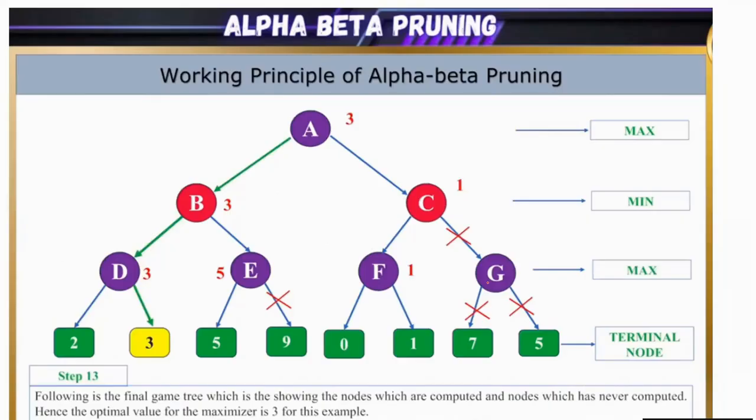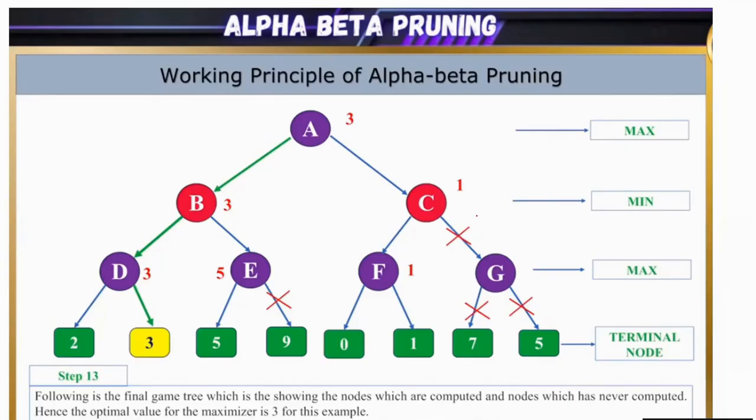Okay, now the final answer. See, the final game tree is showing here. So which path can we go, which path is the answer after the alpha beta pruning? From A, I can't go from here like this.